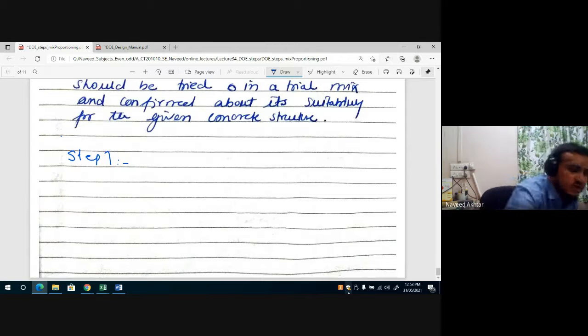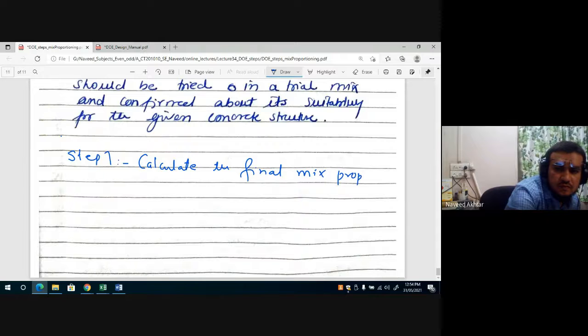So step number 7 is to calculate the final mix proportion of concrete.